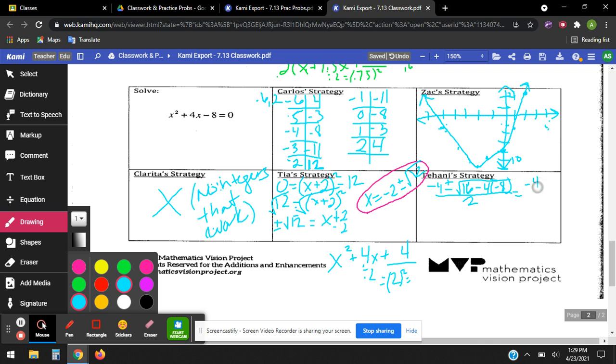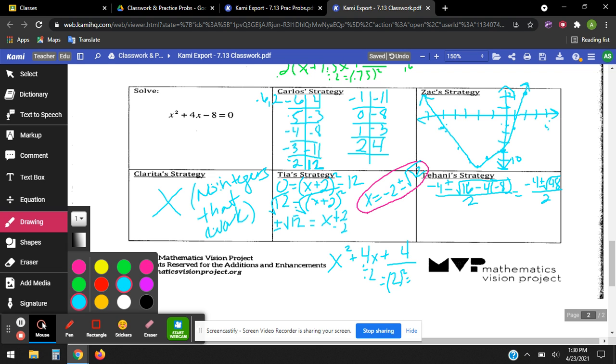So negative 4 plus or minus the square root of, 4 times 8 is 32, but it's a plus, so 16 plus 32 is 48, divided by 2. And because I can't really do much with that, I can simplify the square root of 48 though.